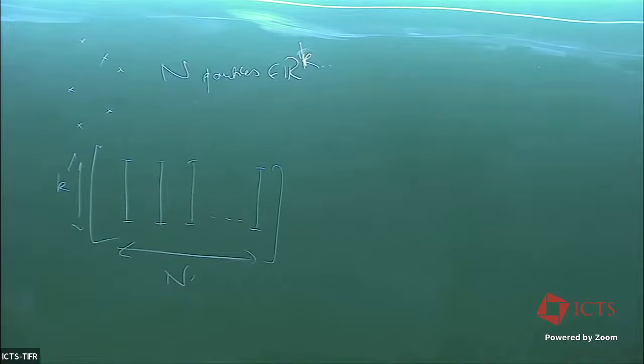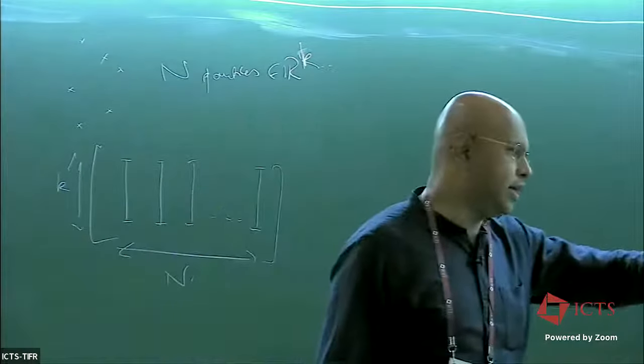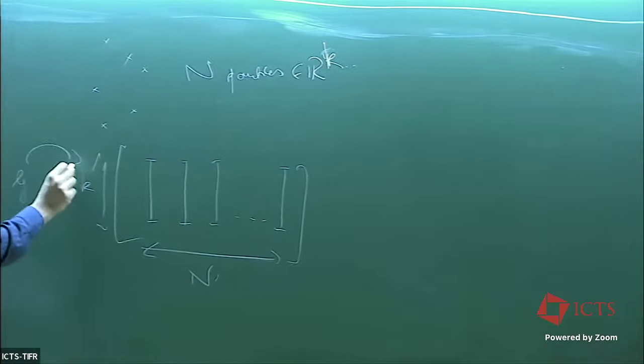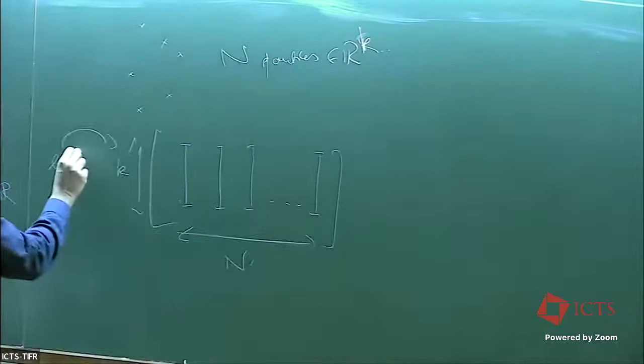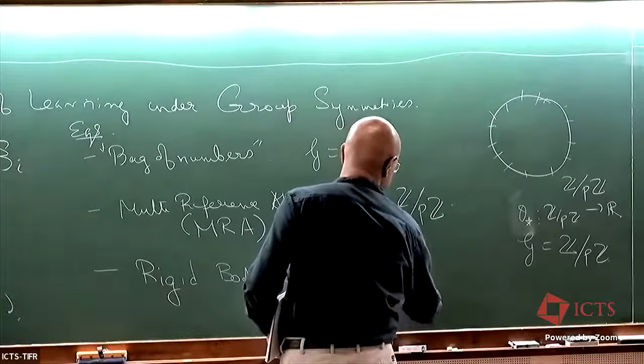Then we take noisy observations of this rigid body, and every time this rigid body is measured, its image gets rotated by some unknown amount, by an element of the orthogonal group in k dimensions. So the elements of G act on the columns of this matrix as orthogonal matrices in k dimensions. Okay, so G is equal to SO(k).